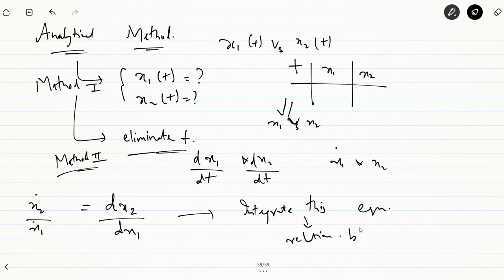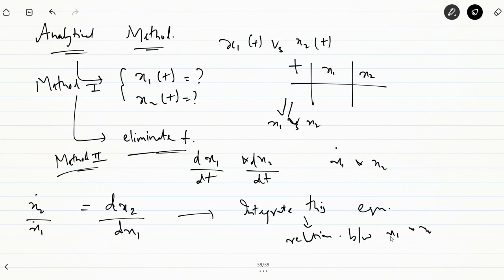Once you have this relationship between x1 and x2, we'll be able to sketch the relation between x1 and x2.